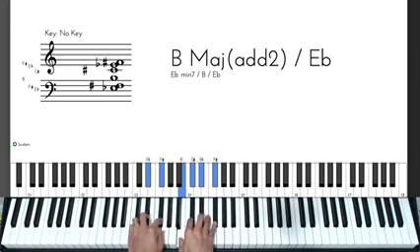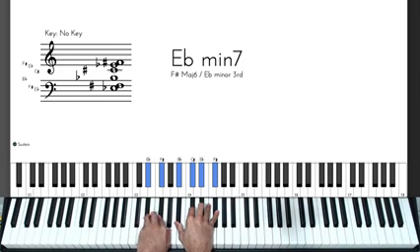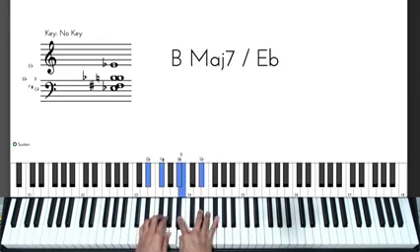Then here, like I said before, the chord that we go to is E flat minor 7th, but we also have the option of substituting this chord for the flat 7.